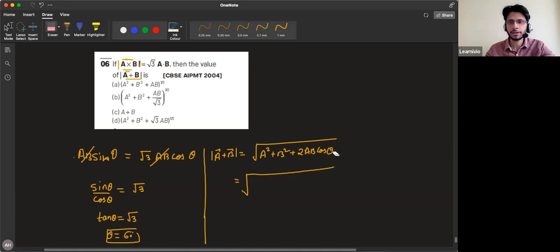So instead of theta, I can write cos 60. See, cos 60 is half. So that's A square plus B square plus 2AB cos 60, which is half. So this half will cancel this 2. So you are left with only A square plus B square plus AB.